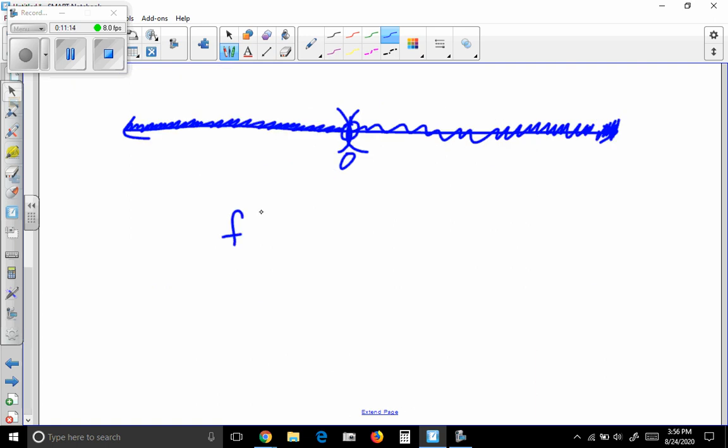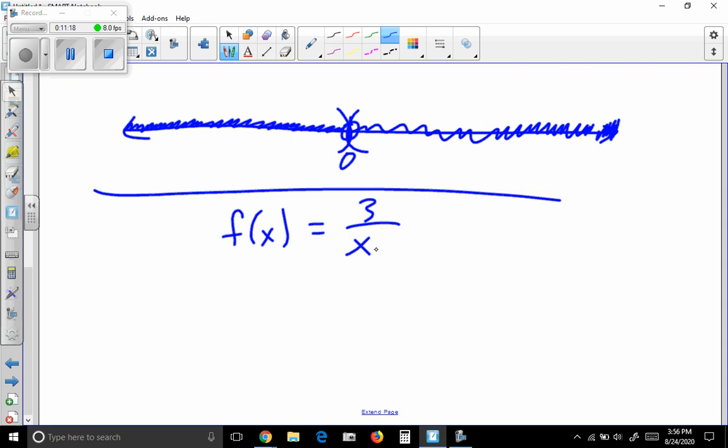Just another quick example. If we had the function 3 over x minus 4, x could not be 4. Because if we put a 4 in, 4 minus 4 is 0, that's not allowed. So our domain would be from negative infinity to 4, but we can't use 4.